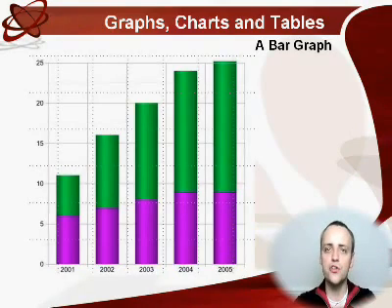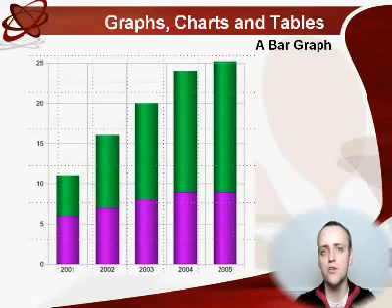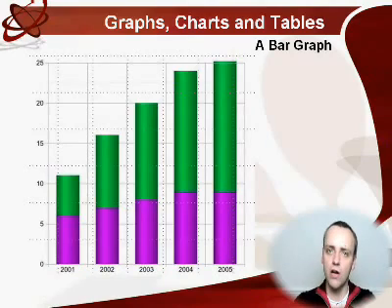And the 2 colours will explain to you how 2 different things are changing, or the statistical information for 2 different things. You might be measuring men or women and changes, or percentages for these men and women in a particular area. So this is an example of a bar graph.